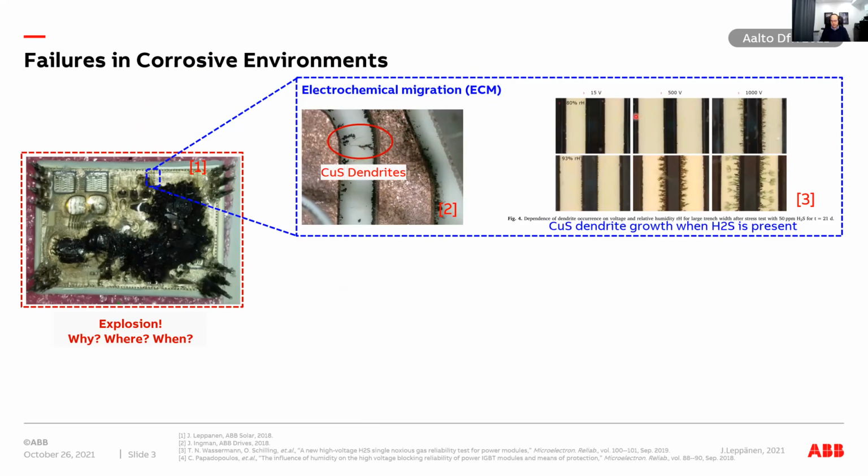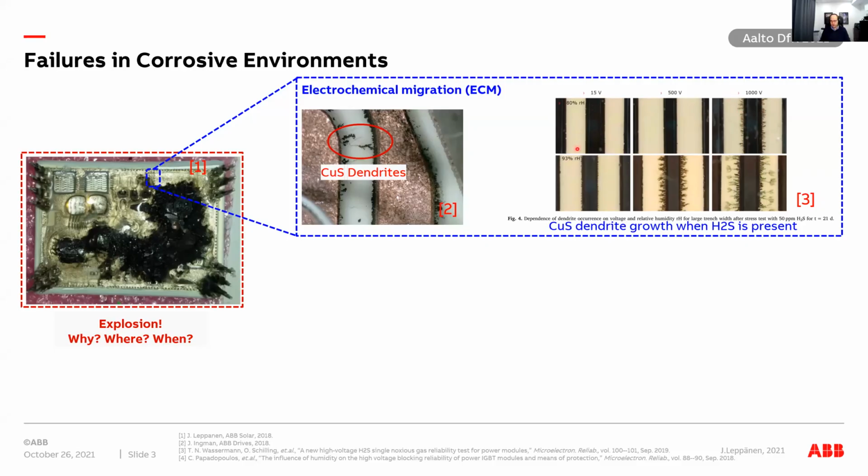And what you need to understand here is that the growth rate of this kind of dendrites is highly dependent on the voltage. So, for example, in this article, they tried to see what the effect of different voltage levels is: 50 volts, 500 and 1000 volts, and you can clearly see a large difference there.